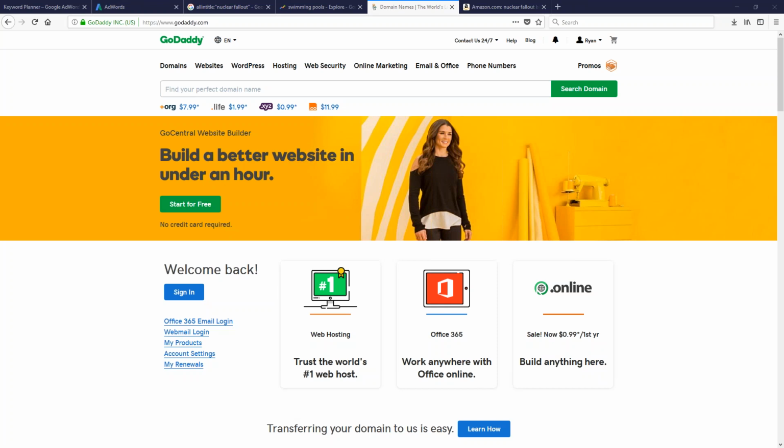To simplify this as much as possible, the two biggest factors with your domain name should be the length. You want it to be as short as you possibly can make it, and also keywords. You don't have to match a long keyword phrase that you might be trying to target. For example, my site on how to survive nuclear fallout.